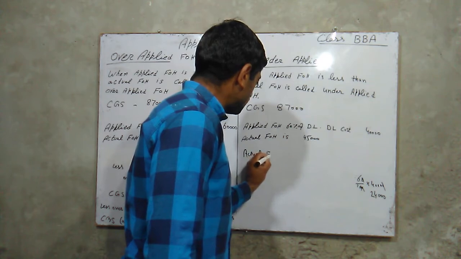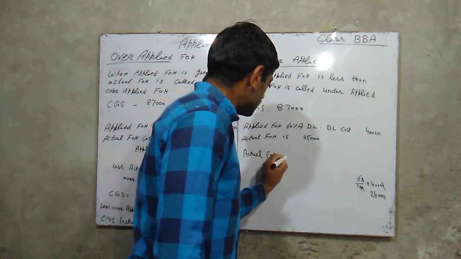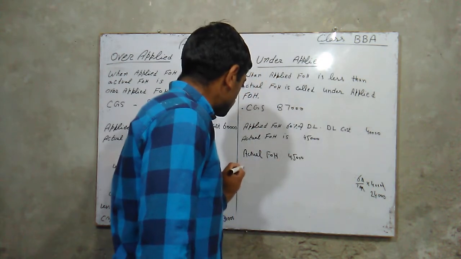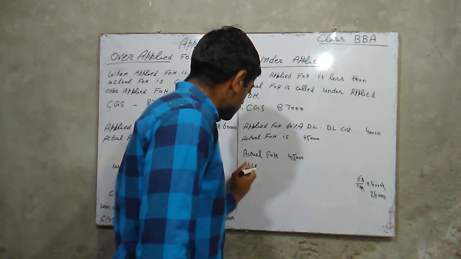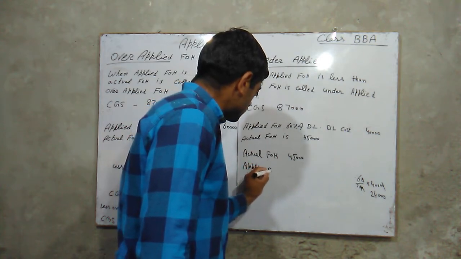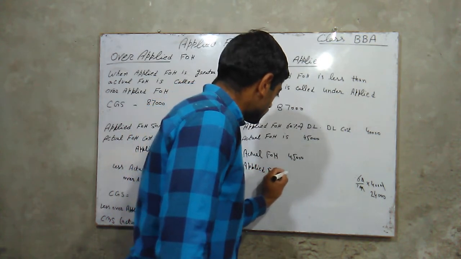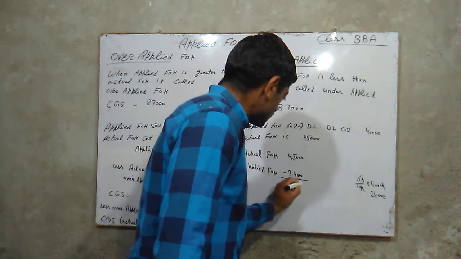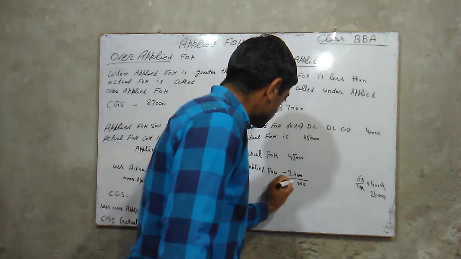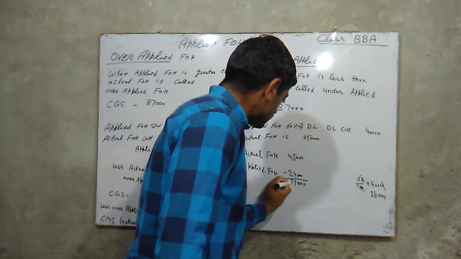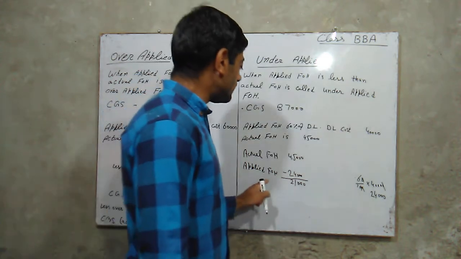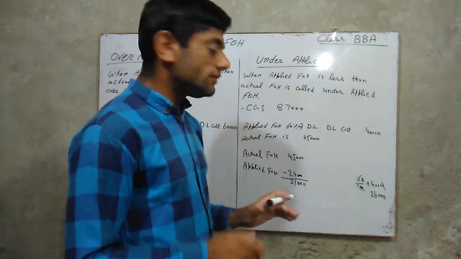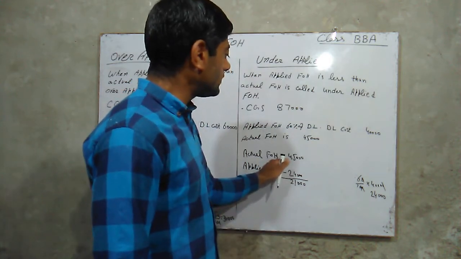So we find the difference: 45,000 minus 24,000 is 21,000. This is underapplied because our estimation is under, but our actual expense is 45,000.